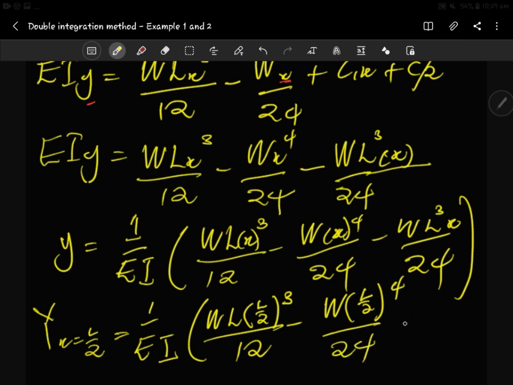And then we have minus W L cubed times L on 2, on 24.